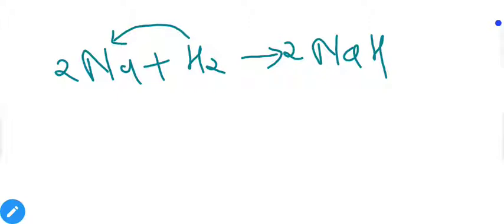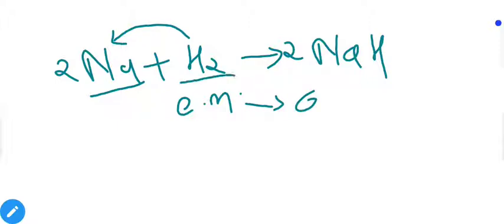But if we compare the electronegativity of sodium and hydrogen, then sodium is less electronegative than hydrogen. That means we are adding an electronegative element to sodium, and as per the definition of oxidation, if you add an electronegative element, then it is considered oxidation.